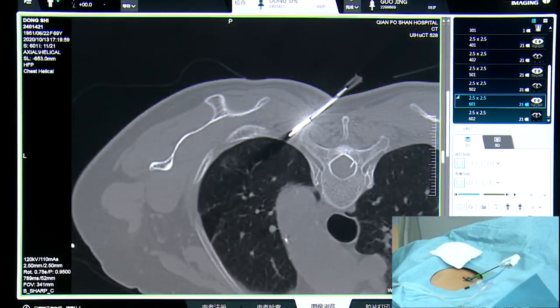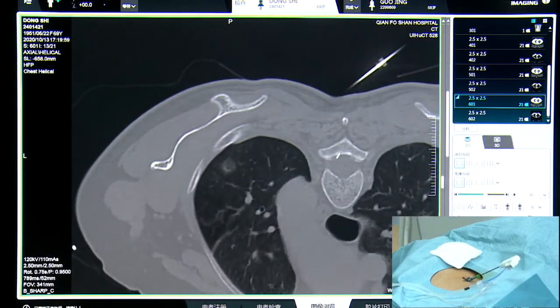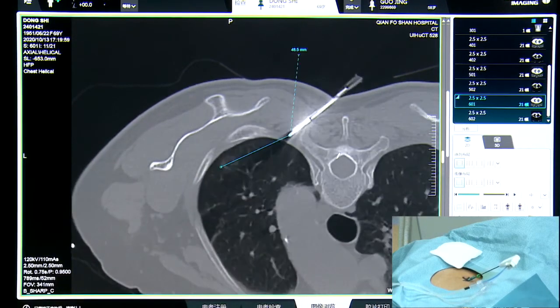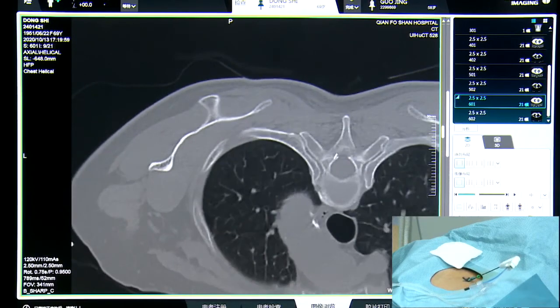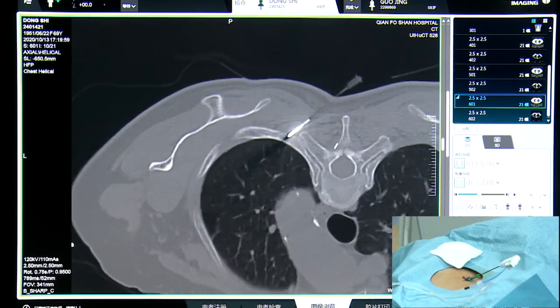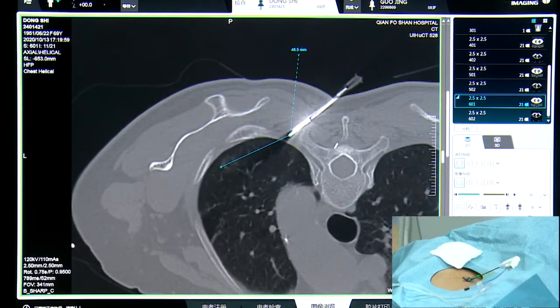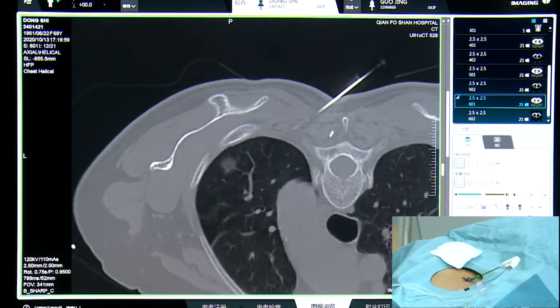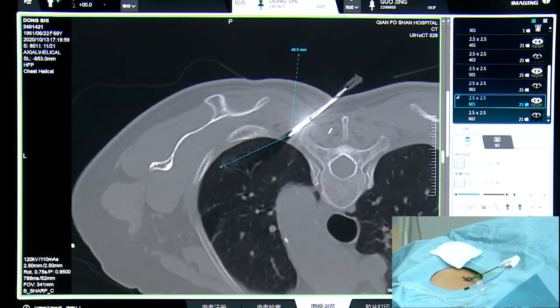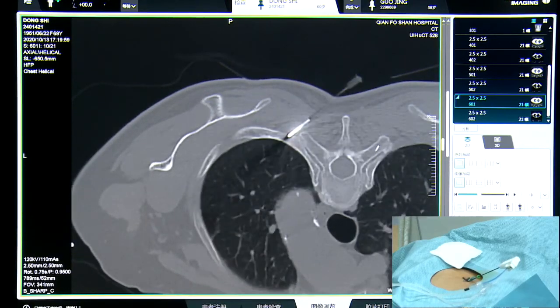If you do the biopsy and you have a pneumothorax, then that might be a problem for placing the ablation needle, for placing the microwave probe. If pneumothorax occurred, we have some methods.